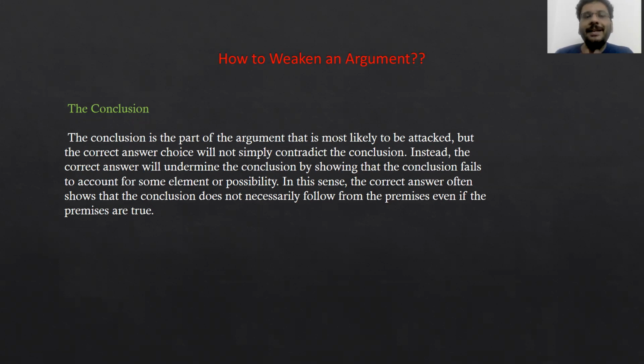Instead, the correct answer will undermine the conclusion by showing the conclusion fails to account for some elements or possibility. So we are looking for an option which highlights the weakness in the way the author comes to his conclusion. Basically, we are attacking the assumption in the argument.